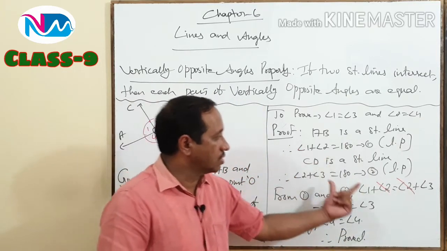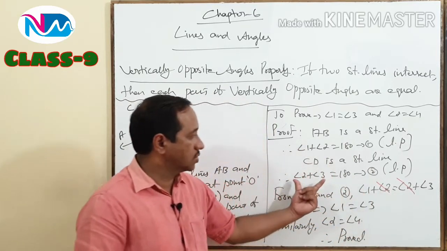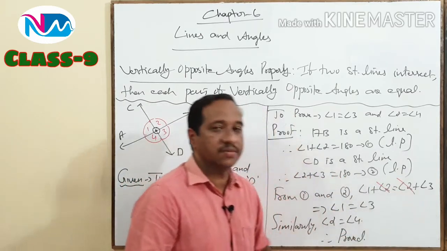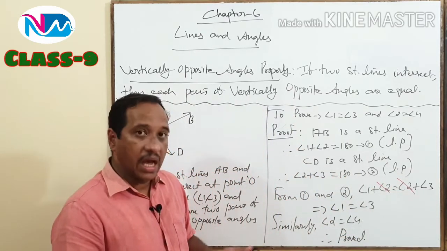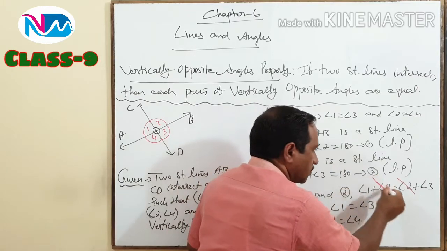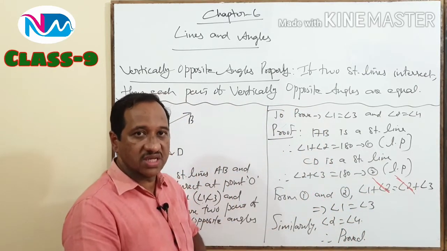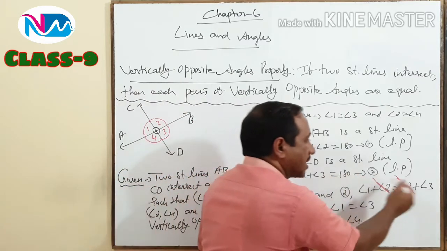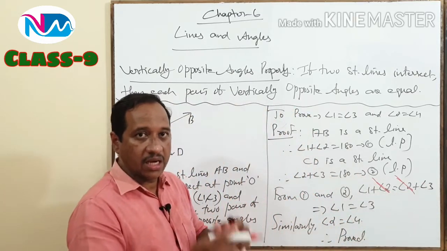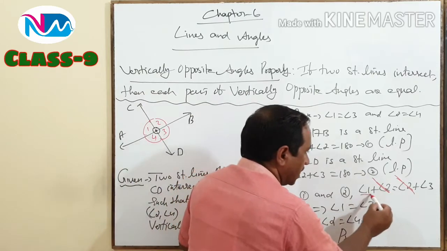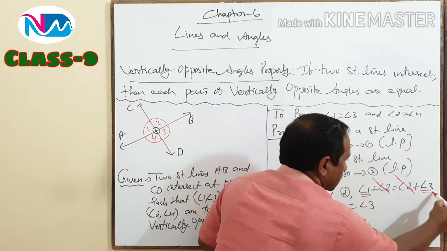That is, angle 1 plus angle 2 is equal to angle 2 plus angle 3. Now you can see angle 2 is common in both the sides. Angle 2 is subtracted from both the sides. So angle 2 gets eliminated. And now we have angle 1 is equal to angle 3.